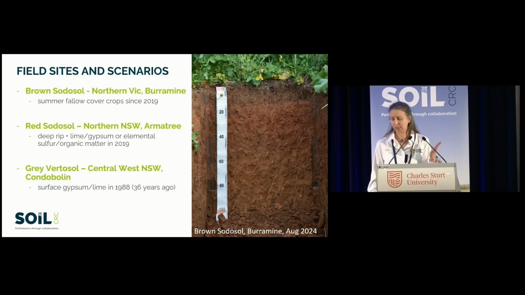Those crops have been in since 2019. We're also looking at a deep rip and lime gypsum trial up in Armatree, northern New South Wales with UNE. Again, treatments since 2019. And the third site we're looking at to see whether we can see any effects of a trial from 36 years ago out at Condo where there was some surface lime and gypsum applied.